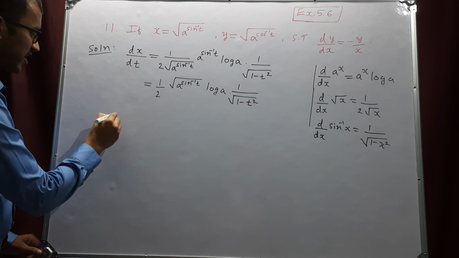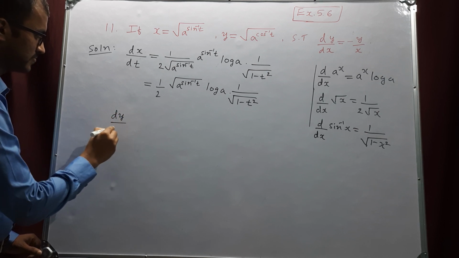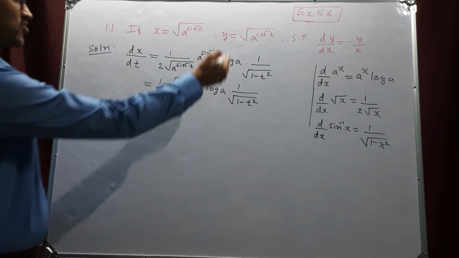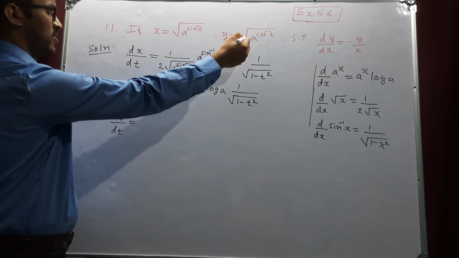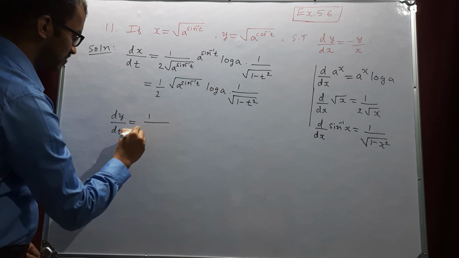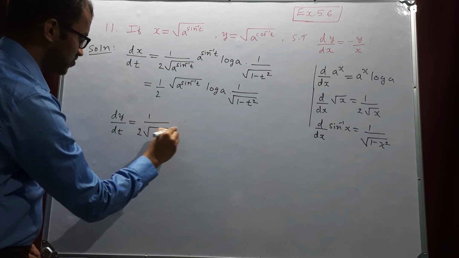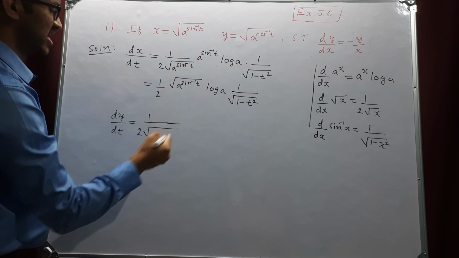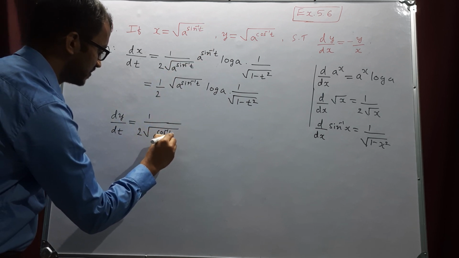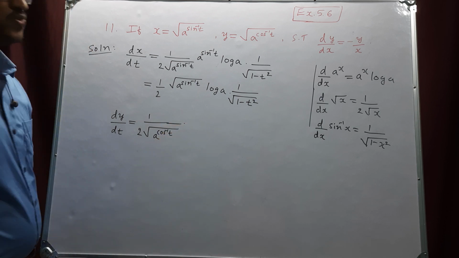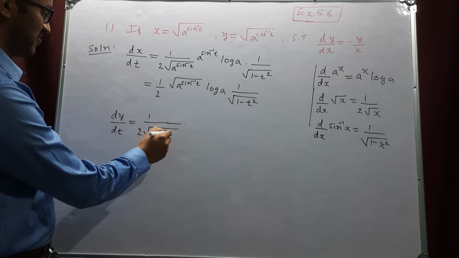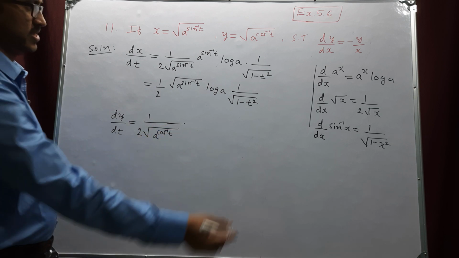Similarly, if we find dy by dt, dy by dt means again we have to apply the chain rule. Root means 1 by 2 root. So that is 1 by 2 times root of inner function. Here inner function is a power cos inverse t into derivative of the inner function, derivative of a power cos inverse t.